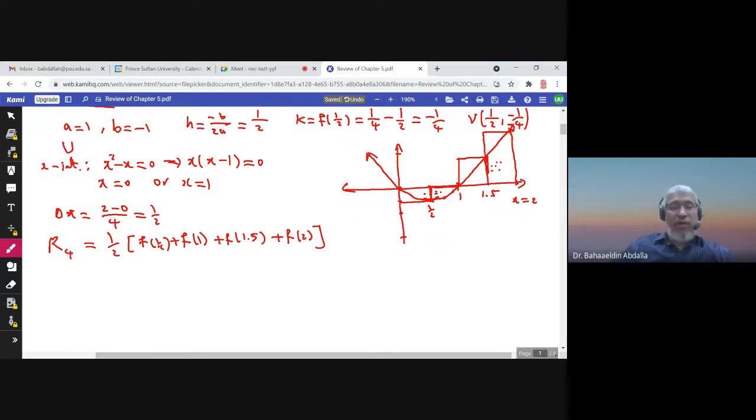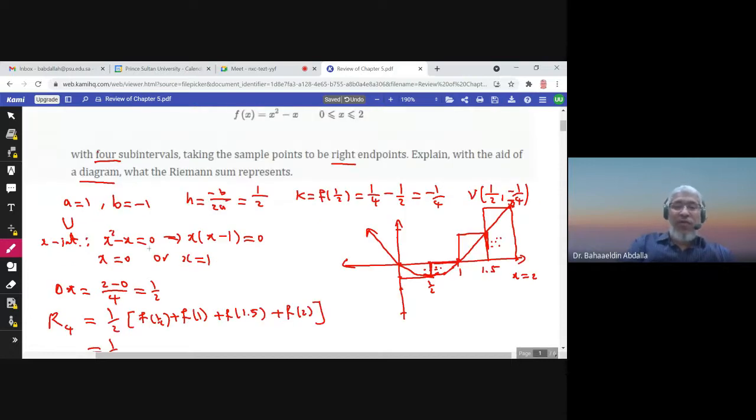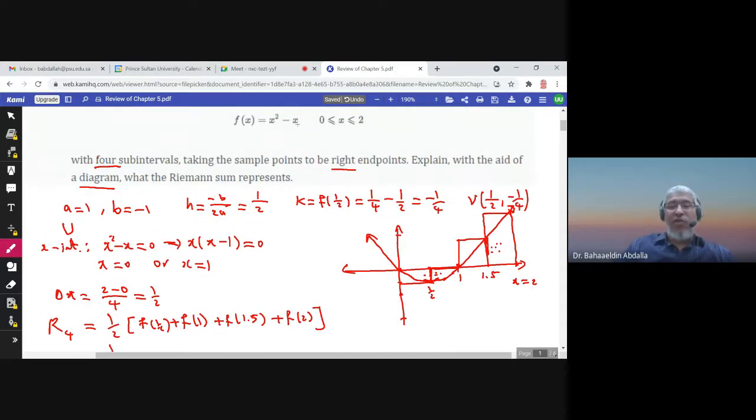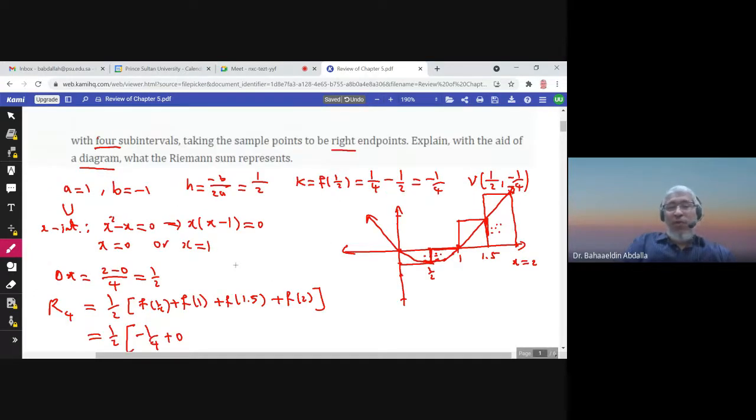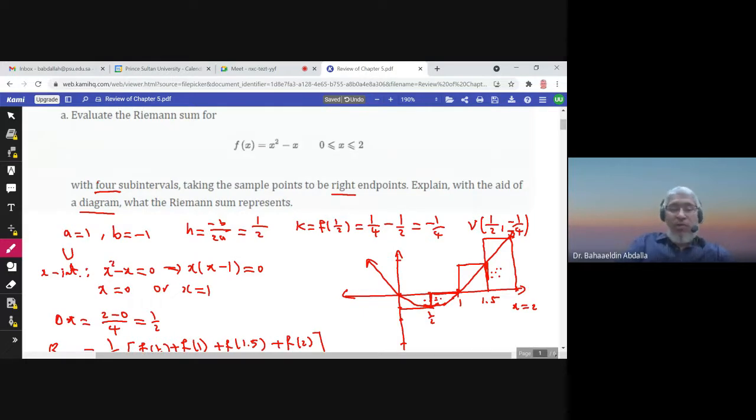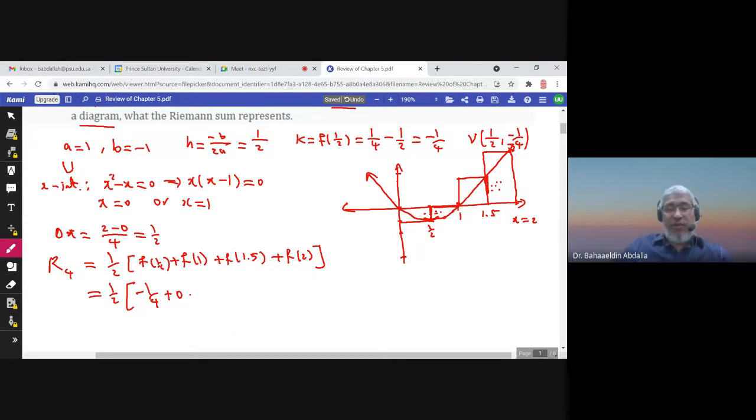Now how to continue? We find f of these values using the definition of the function. So f of half is just negative 1/4. We found that. And f of 1 is 0. f of 1.5, 1.5 squared minus 1.5, so that's 0.75.